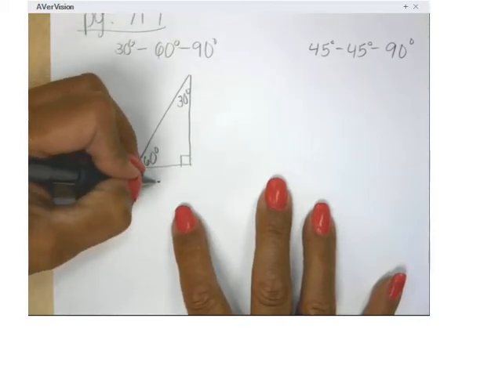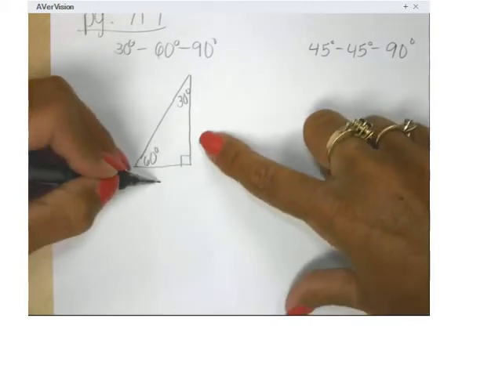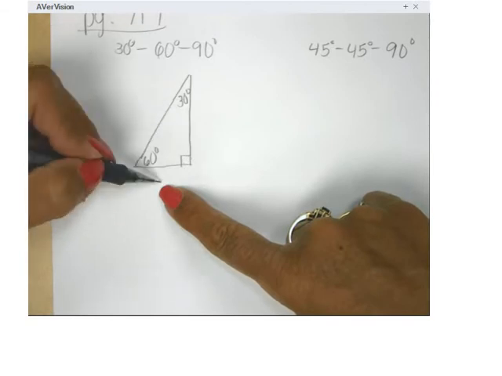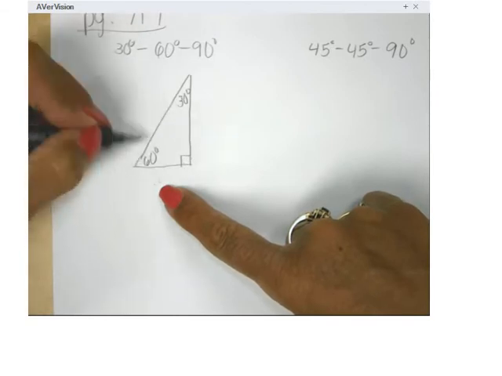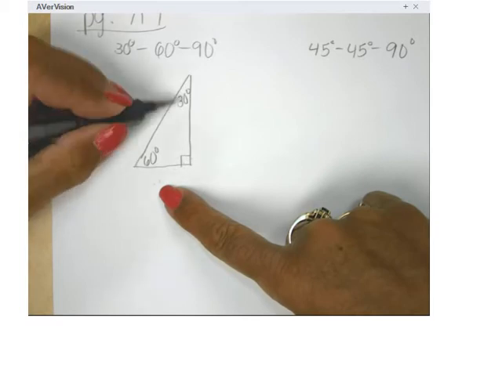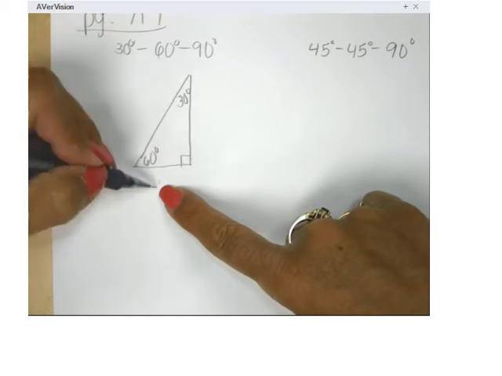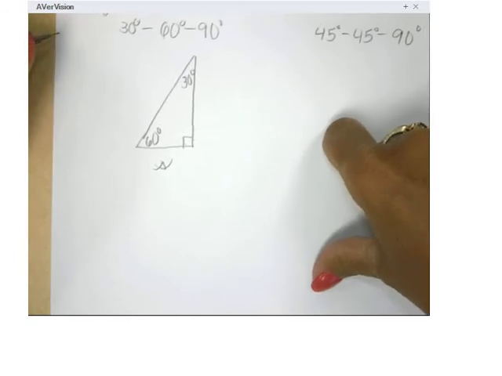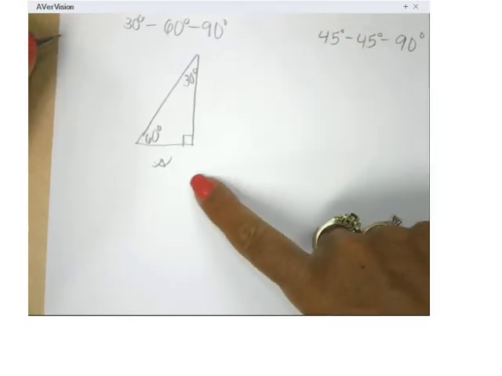First of all, I'm going to let this short leg, and we can definitely see that this is the shortest side of this triangle because it's opposite the smaller angle. The hypotenuse is always the longest side, and we know that of these 2 legs, this has to be the short leg, and I'm going to call that leg little s.